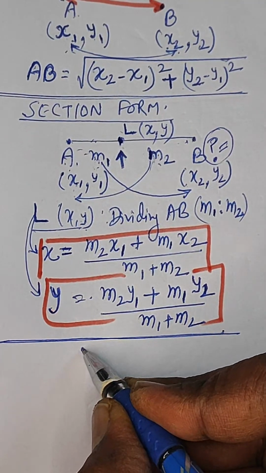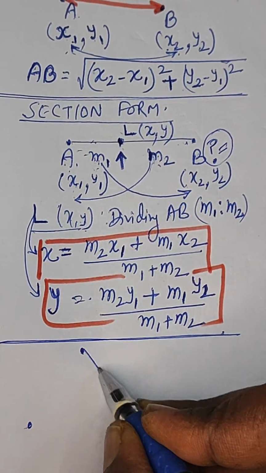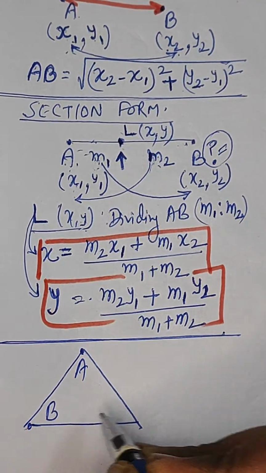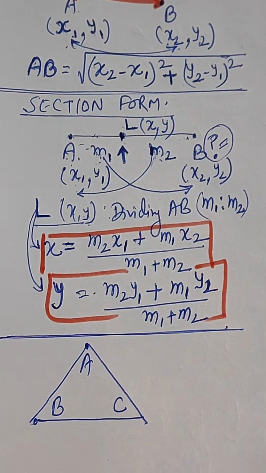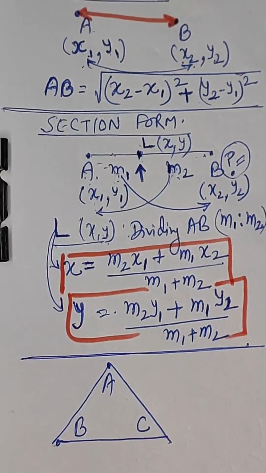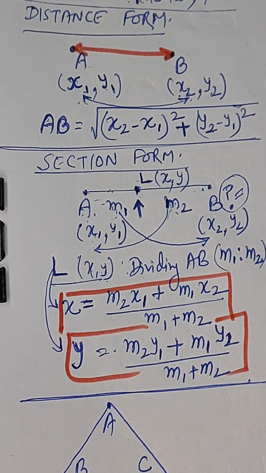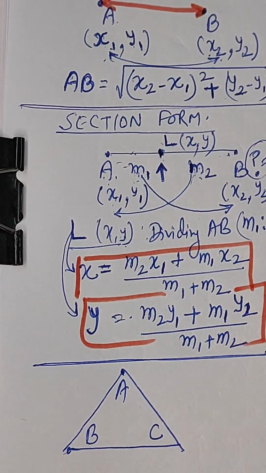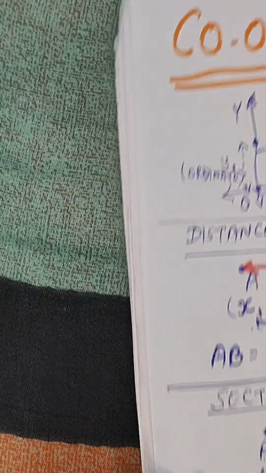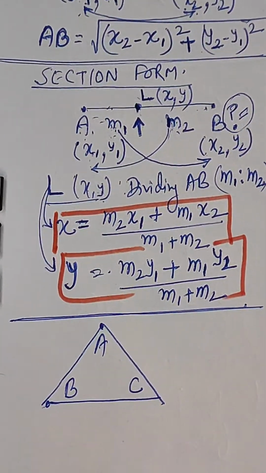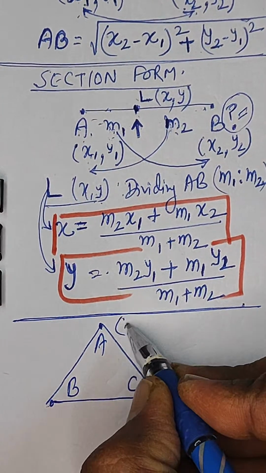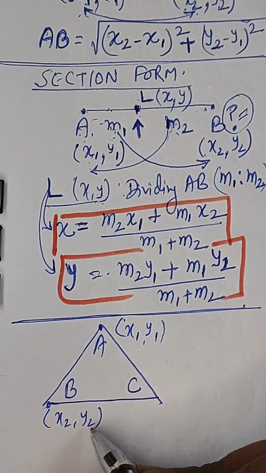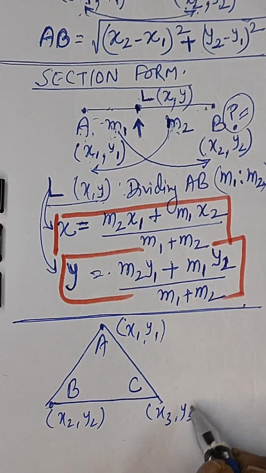So if the three coordinates of a triangle are given to you, maybe this triangle is A, B and C, and if the coordinates of A, B, C are given to you as x1 y1, x2 y2 and x3 y3, right?